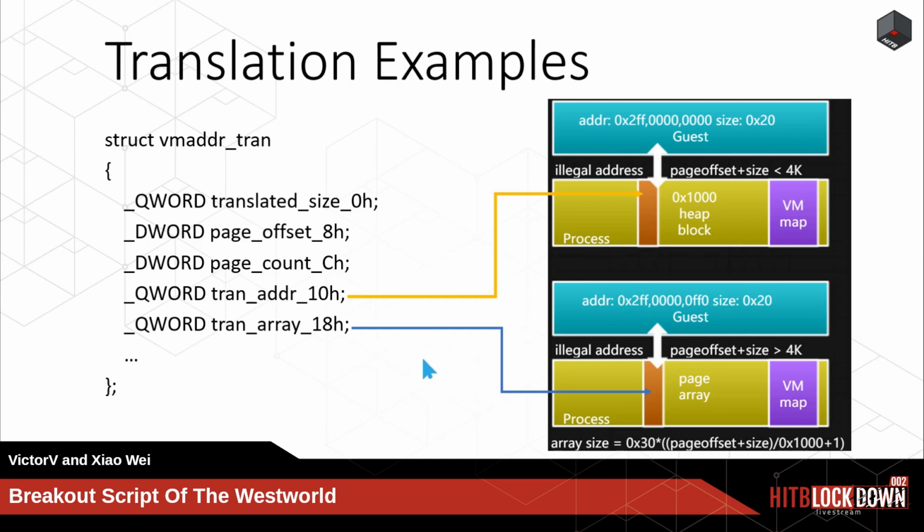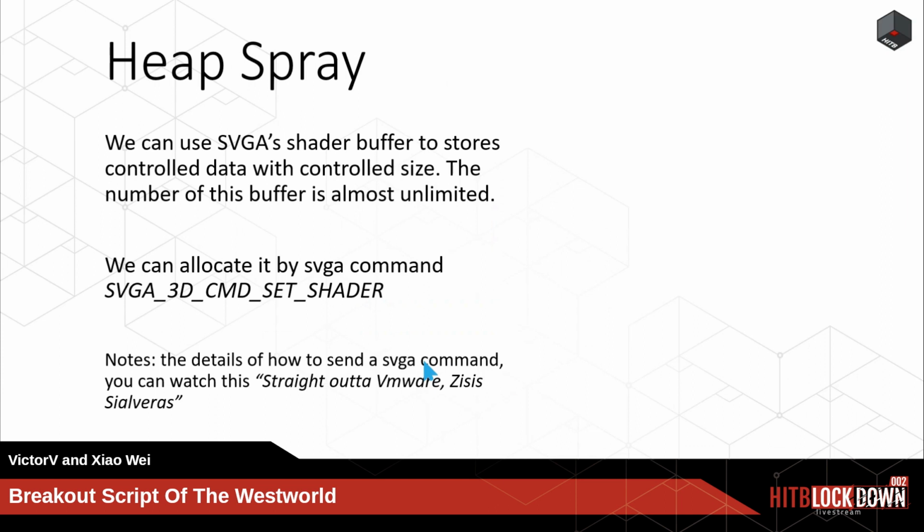Next, we need to discuss exploit primitives. Heap spray. To make our exploit stable, we need to heap spray for heap layout. The easiest way is to use SVGA shader buffer.